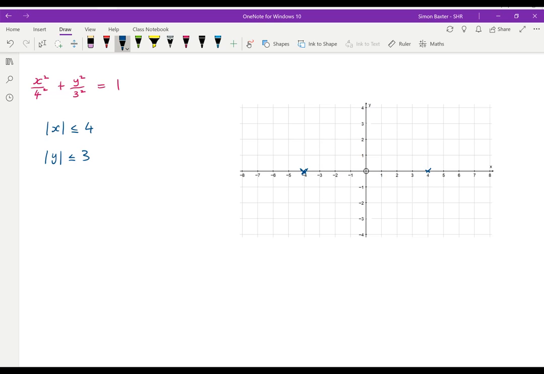And if x is 0, y is plus 3 or minus 3. And apart from that, we can't go outside minus 4 to 4 or outside minus 3 to 3. We end up contained within that box.